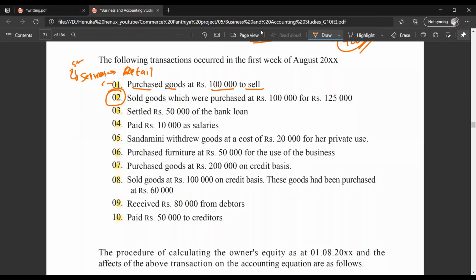Wait. Sold goods which were purchased at 100,000, okay, for 125,000.